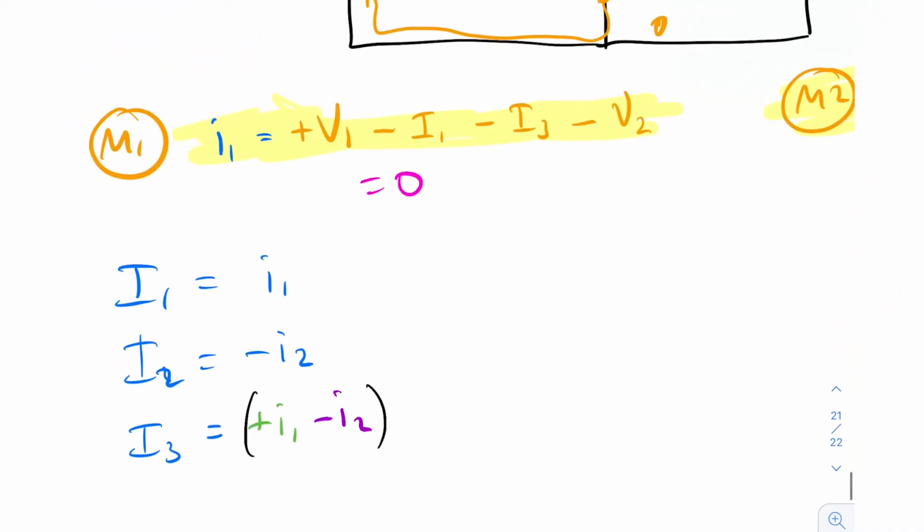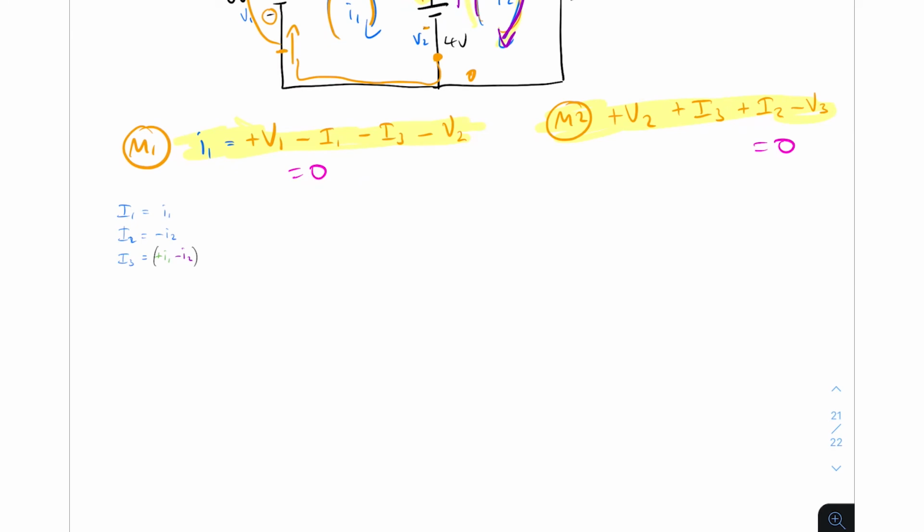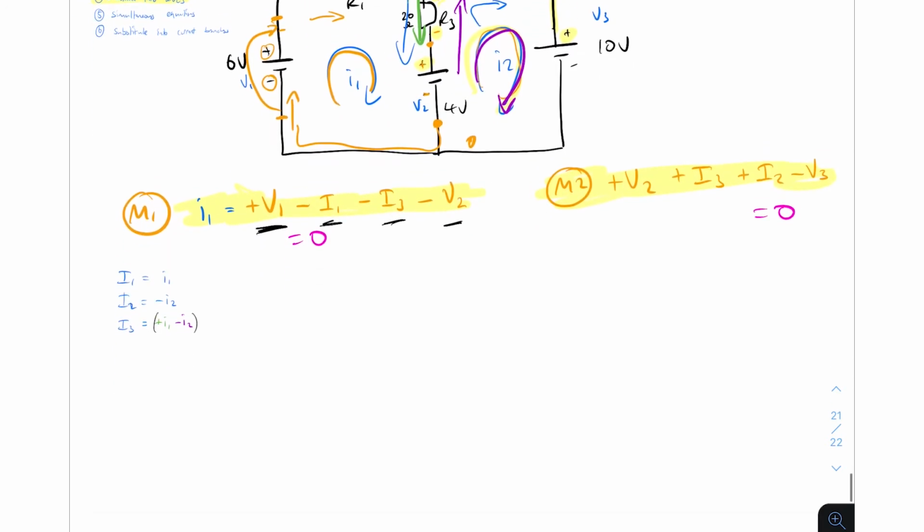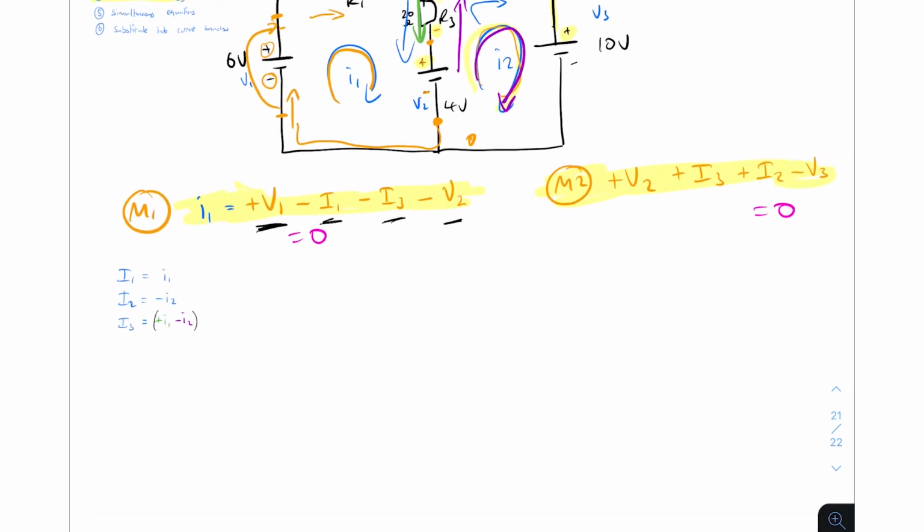Okay, so let's substitute these back into these KVLs. When we're substituting them back in, the one thing we need to remember is that here we're talking about voltages V1, I1, I3, V2. These are voltages, right? So when we write V1 minus, and we substitute in the capital I1, this capital I1 is actually V equals IR.